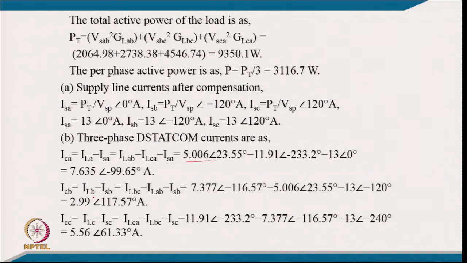Similarly, we can find out typically for ICB, and it comes after calculation 2.99 at the angle of 117.57. Similarly, for ICC, ILC minus ISC, we can keep the value, and then it comes 5.56 at the angle of 61.33 degree ampere.